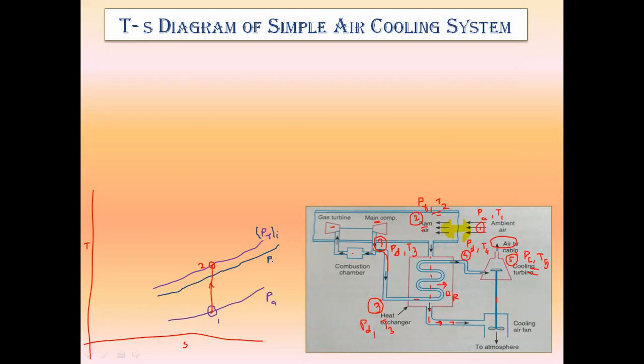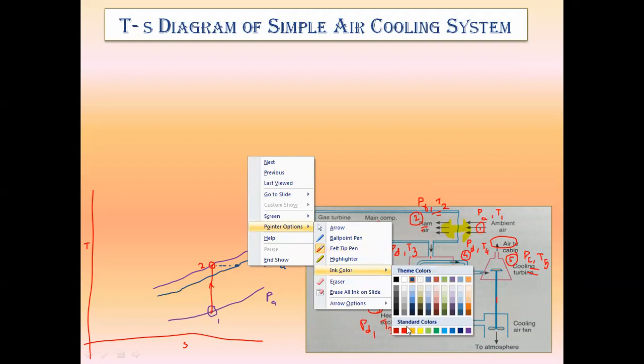So this will be called the ramming pressure, and this is nothing but the actual ramming pressure, and here the temperature will remain the same. On the actual ramming process, my point number 2 dash will be here. This will be my point number 2 dash.